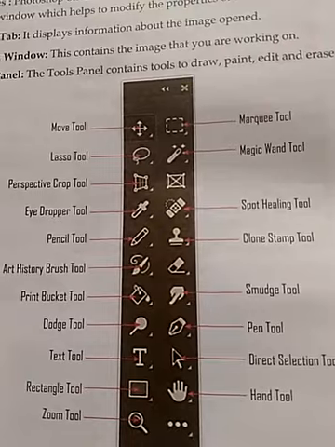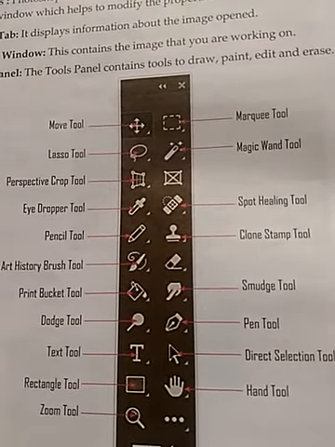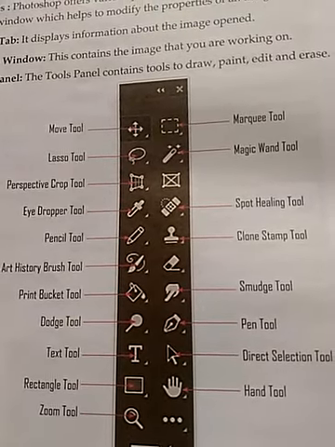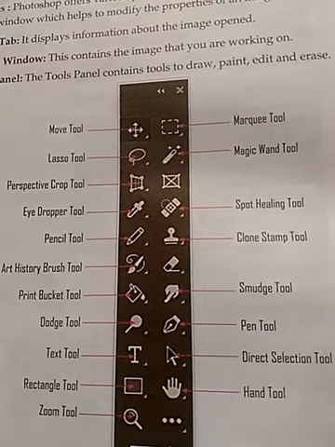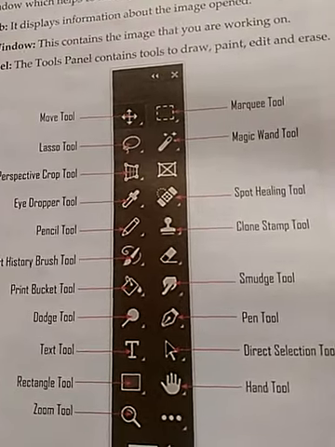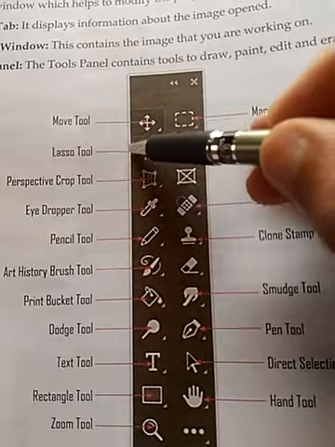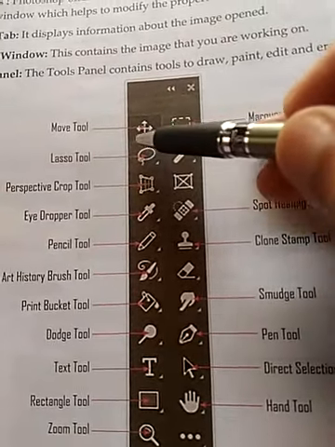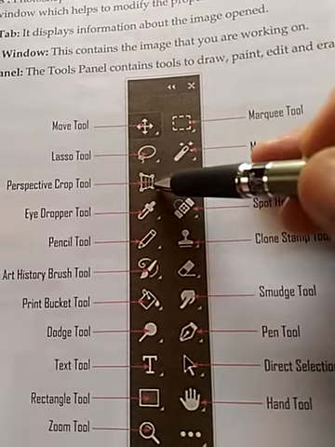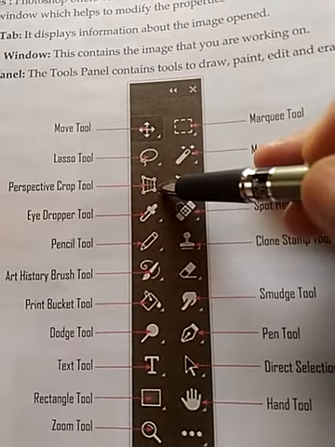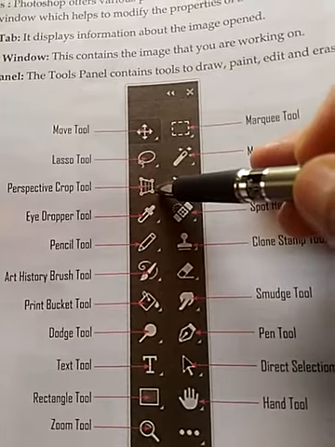The move tool helps you move the selected portion of an image in any direction, to any specific location. This is the lasso tool. It is used to select some area of an image. That is the perspective crop tool. It is for cropping, meaning cutting.